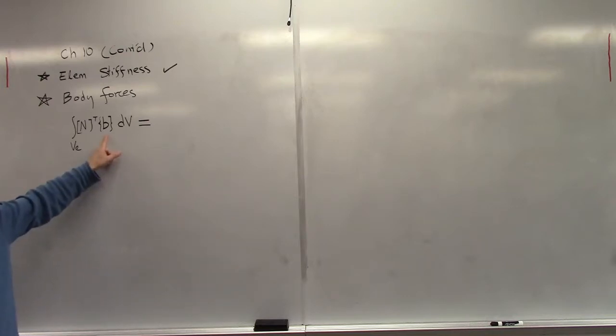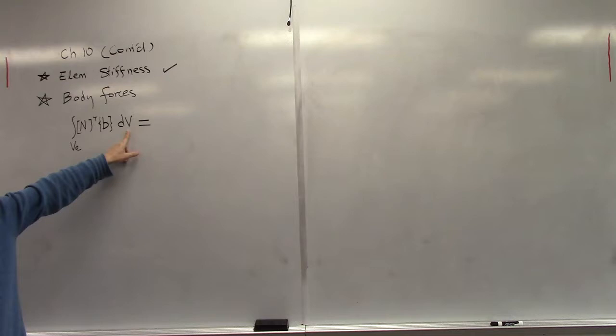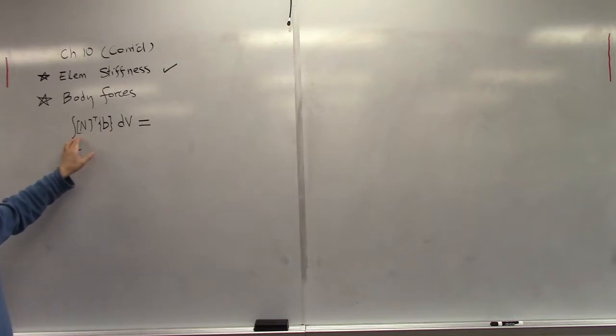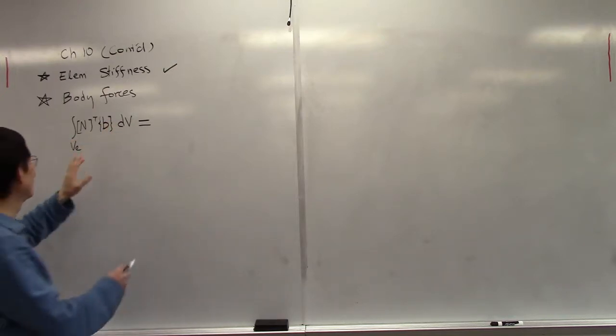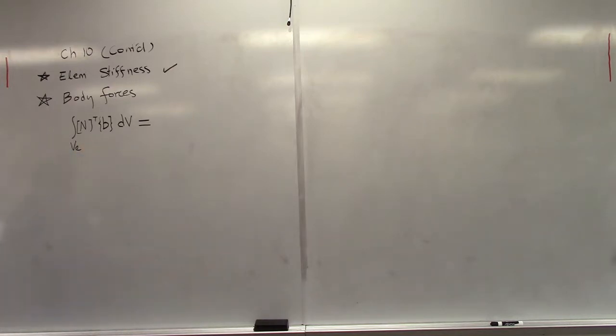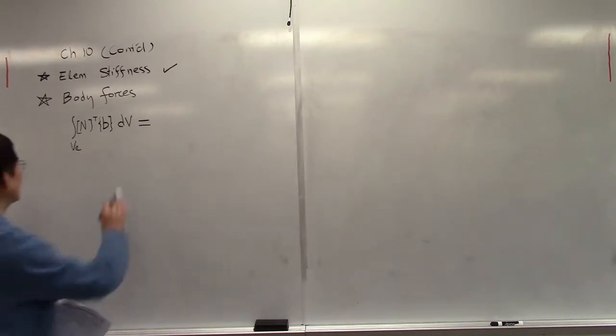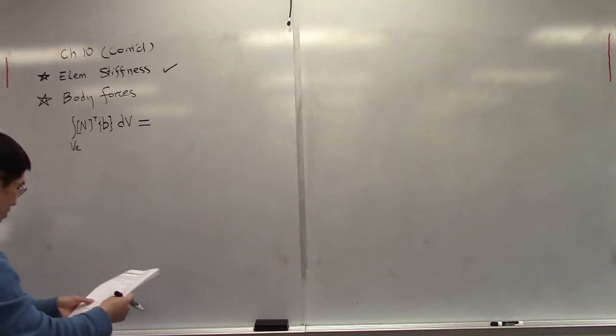So this is force per volume. dV is the volume of the integration element. So what is its unit? Volume, like meter cube or inch cube, right? So now, what is the combined unit? Force. Just force. So you need to understand that to have a clear understanding of that. So this is coming out to be a force.